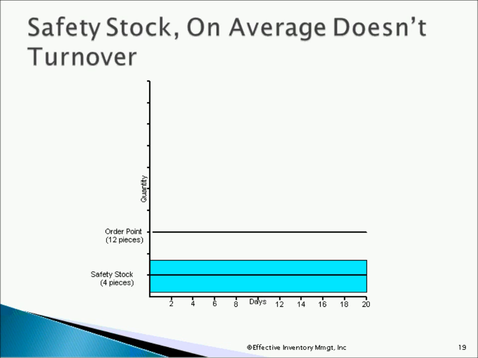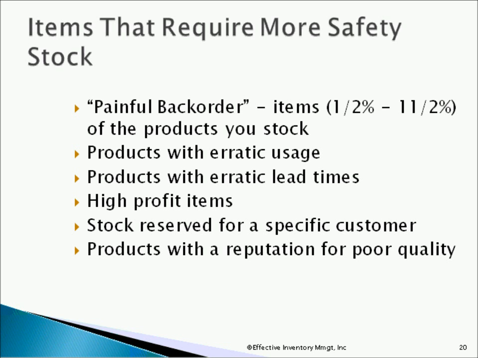And about half the time, you would receive it after you've dropped down below that safety stock line. You've used some of your reserve inventory. Why? Well, you sold more than you had forecast, or you had a slight delay in receiving that replenishment shipment. I don't want to keep any more safety stock in my warehouse than I need, because it's not going to turn over. It's not going to provide a return on my investment.